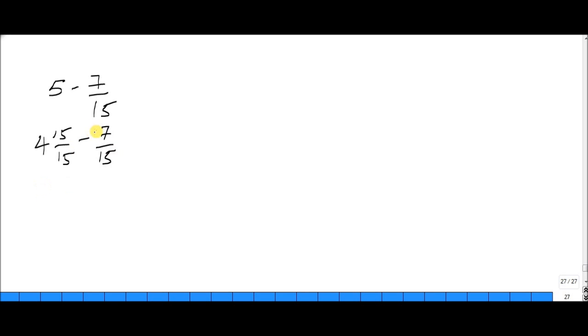So 7 from 15 will leave us with 8/15, and we have whole number 4. So that basically is how we would subtract.